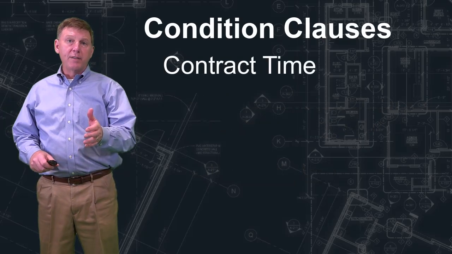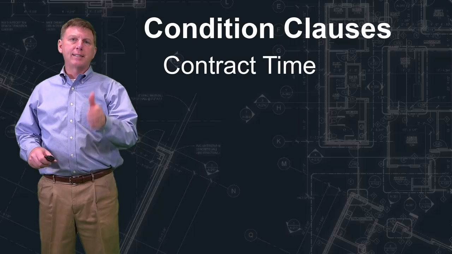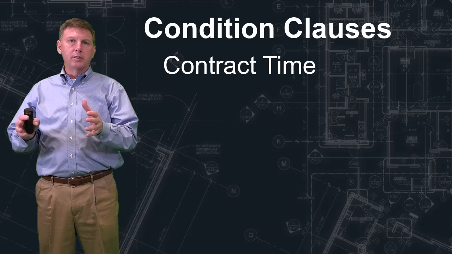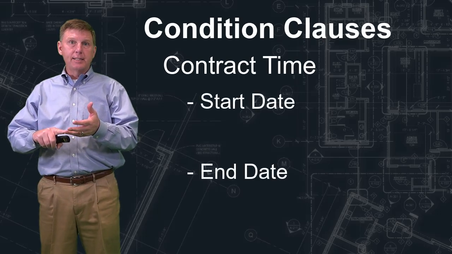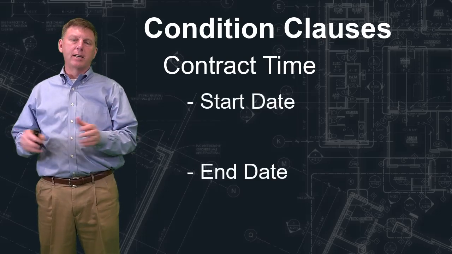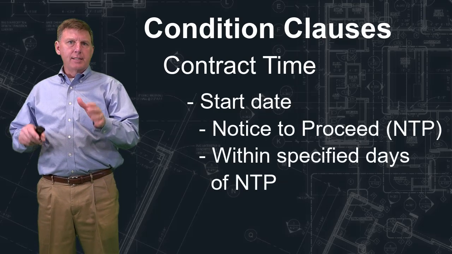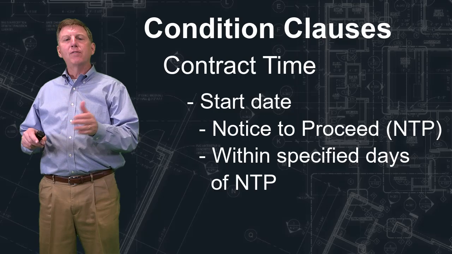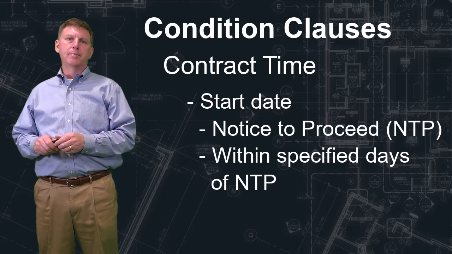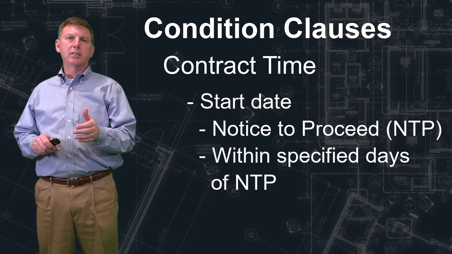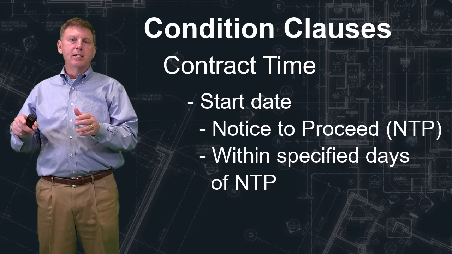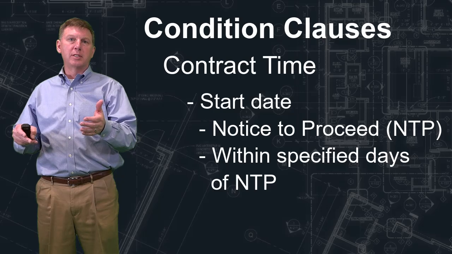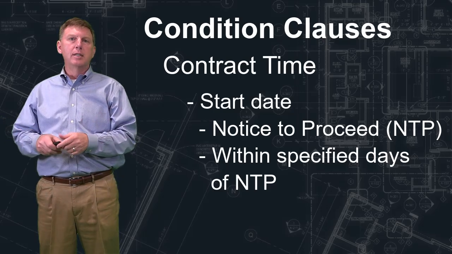Another clause that you should pay very close attention to is contract time. Every contract will have a duration. It'll have a start date and an end date that govern everything. The start date is typically specified in the notice to proceed as so many days following the notice to proceed. In fact, the general or supplementary conditions will specify that you'll have at least, say, 7 days from the date you receive the notice to proceed, but it could be longer.